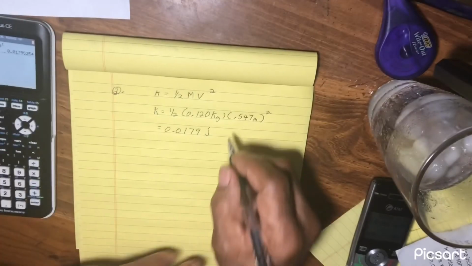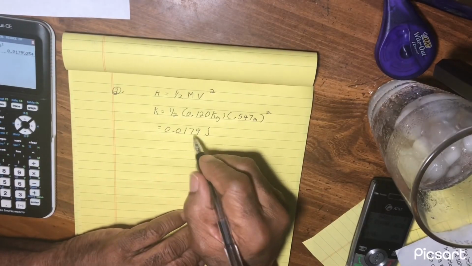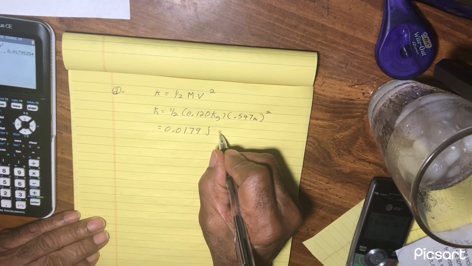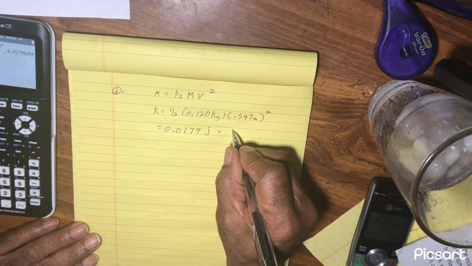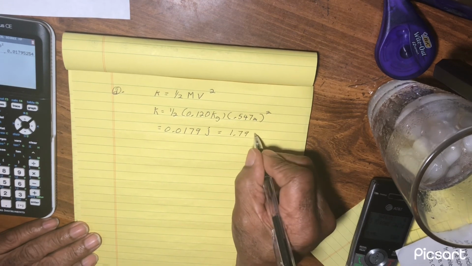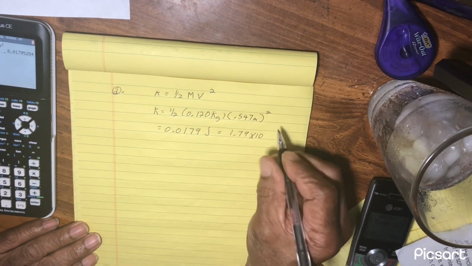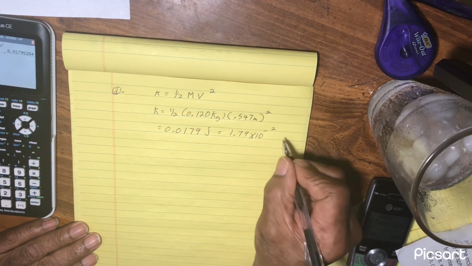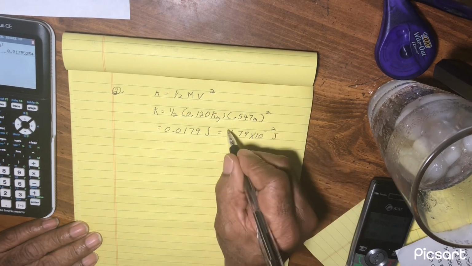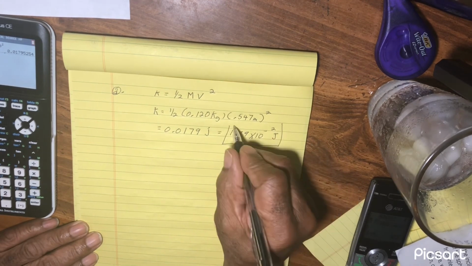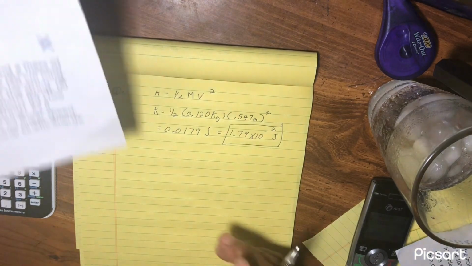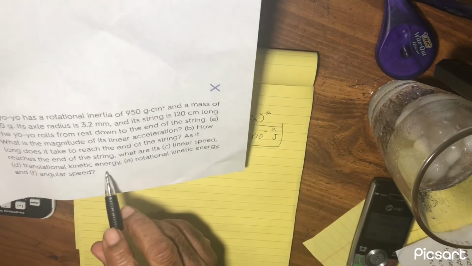That can be written a little better in scientific notation: 1.79 times 10 to the minus 2 joules. So that's the answer to translational kinetic energy.